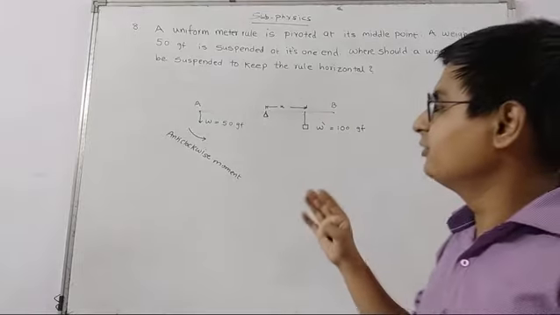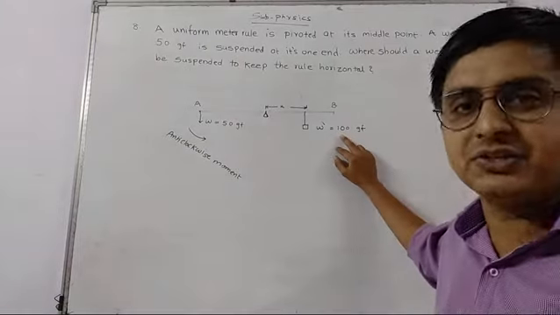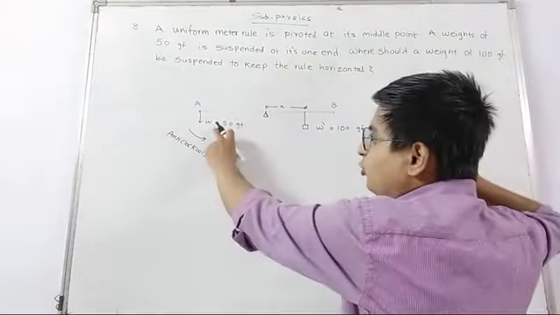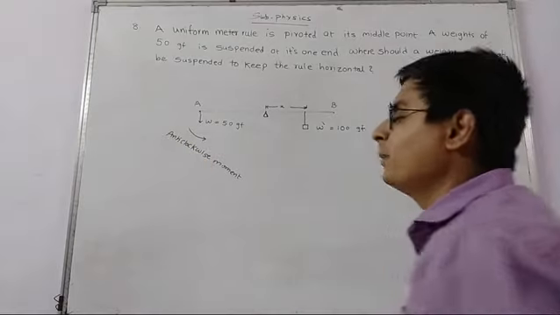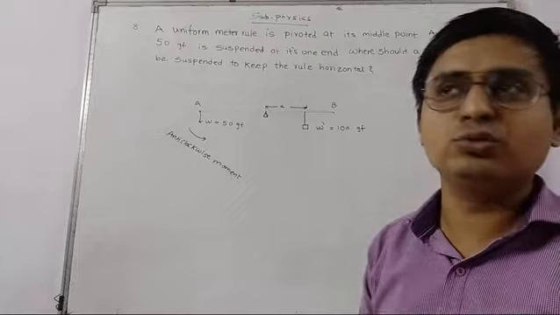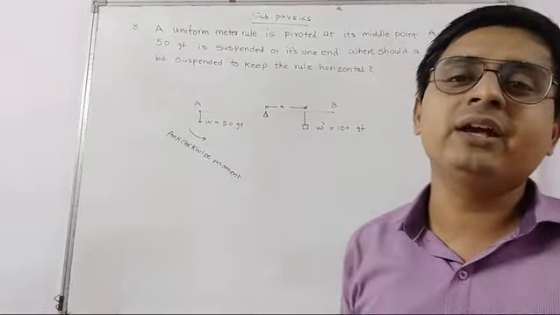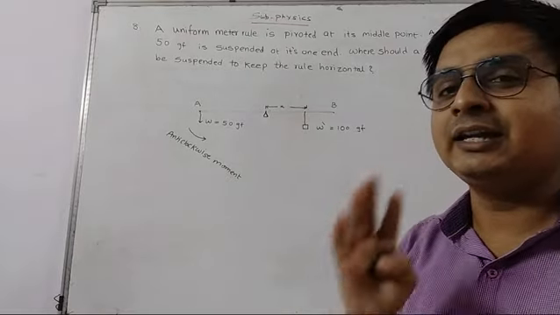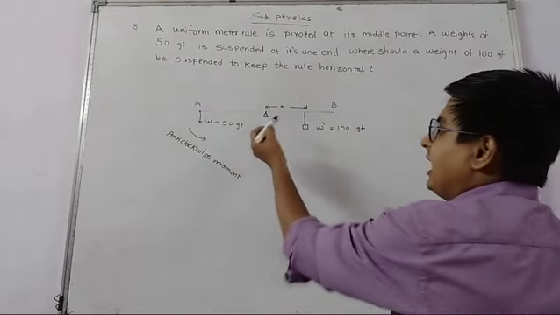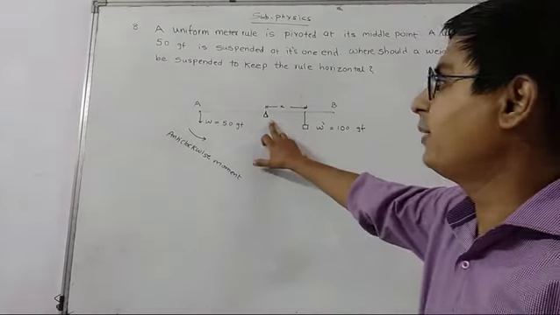See, before adding this weight of 100 gf, that weight W was producing anti-clockwise moment. So it is a simple thing that it can be understood that we have to add a weight which will be producing a clockwise moment, and that is only possible when we add a weight on the right hand side of the pivot point.